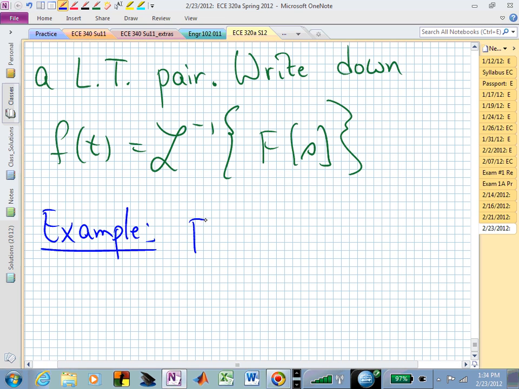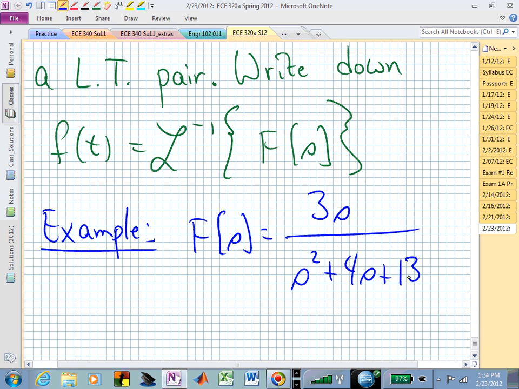Suppose somebody gives you the following capital F of s. They give you 3s over s squared plus 4s plus 13, and they say, what is little f of t? And you go, oh. So now what is it?